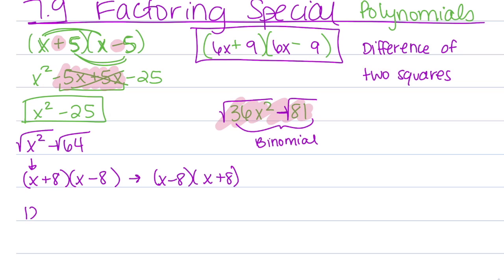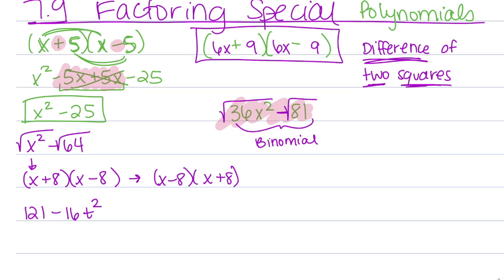Let's do one example where the variable is actually second. So let's say we have 121 minus 16t squared. In this case, we do have the difference, and it's still a binomial, so 2, and they're still perfect squares.